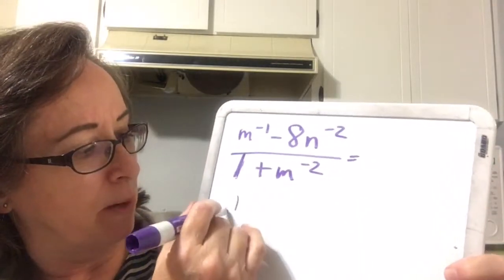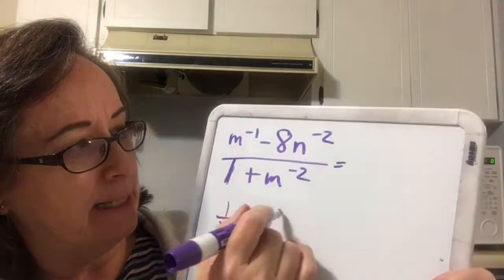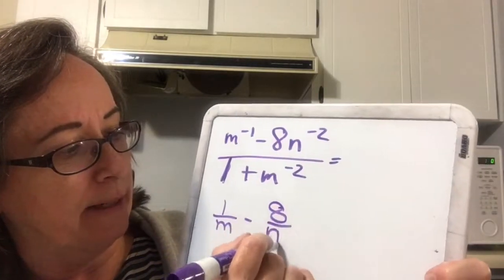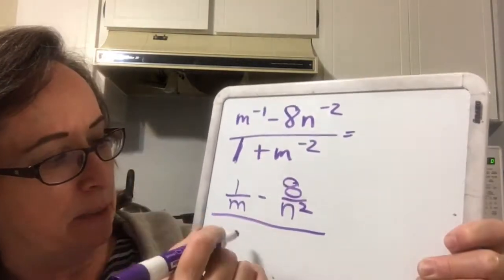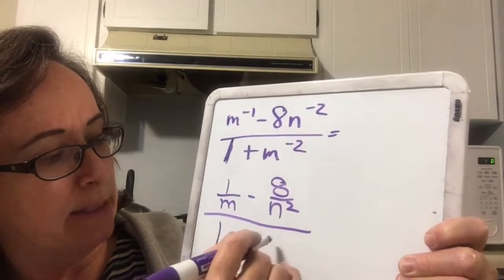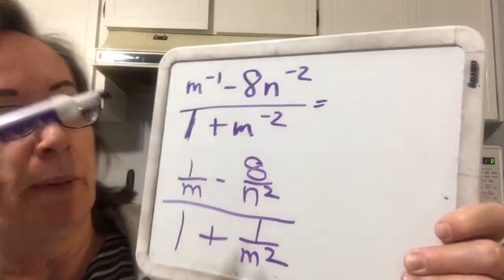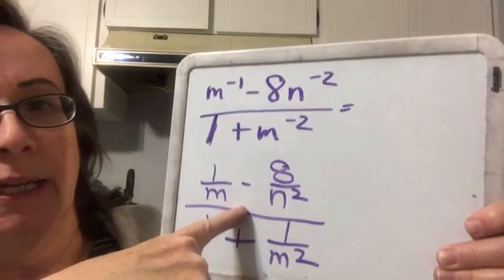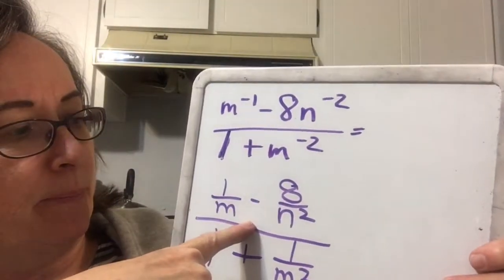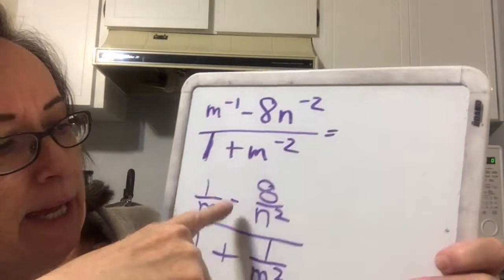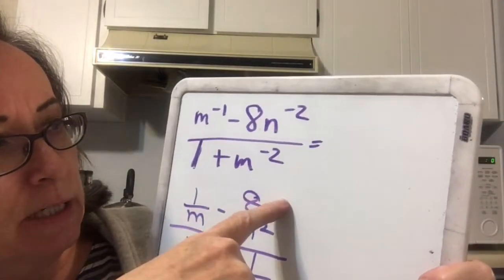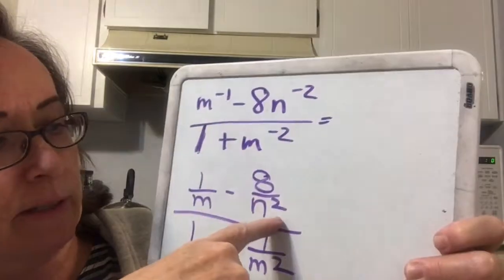So this is going to be 1 over m minus 8 over n squared, all divided by 1 plus 1 over m squared. So basically I took the m to the negative 1 and I turned it into a 1 over m. I took the negative 8 and it went upstairs because the n squared is going to go down here.